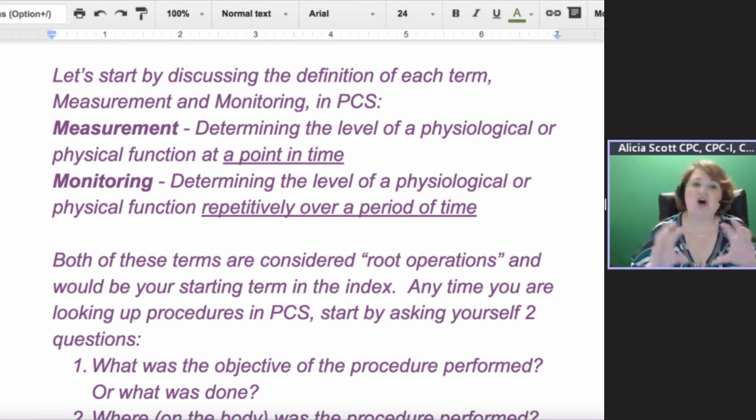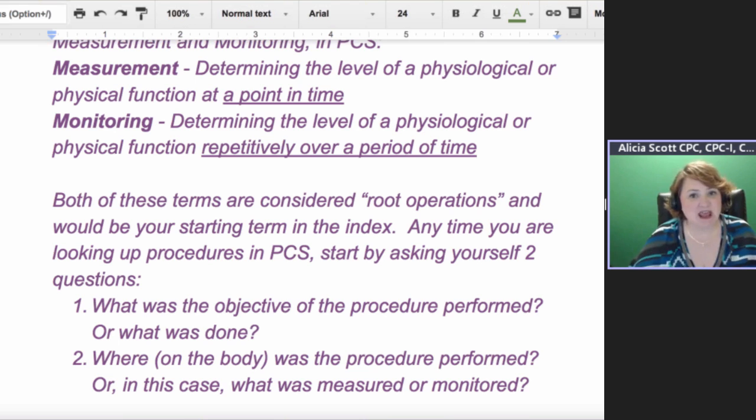Now PCS is not really a puzzle, it's like putting blocks together, and it's done with a grid system. Not like anything with CPT or ICD at all. It's very unique. So you have to get the key word first, and it isn't always the term you're thinking of.